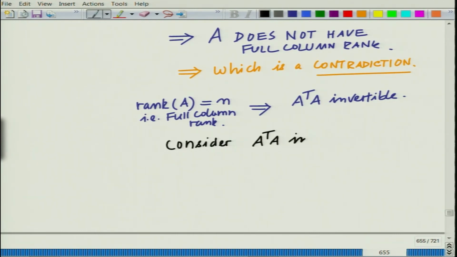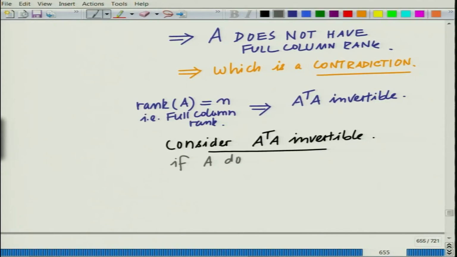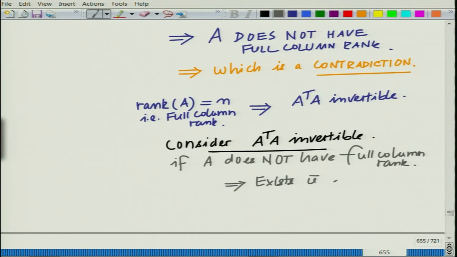If A does not have full column rank, this implies there exists u bar such that A u bar equals 0.